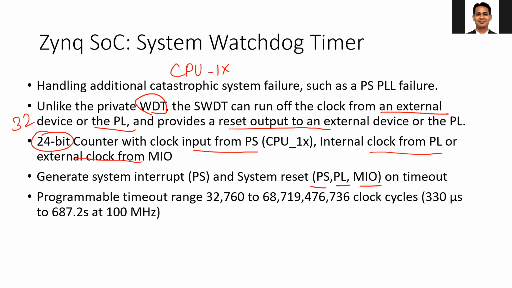You can configure the timeout range, like after what time the watchdog reset should be generated. This count you can configure in your program code, which we are going to do. It can range from 330 microseconds to 687 seconds at 100 megahertz frequency.